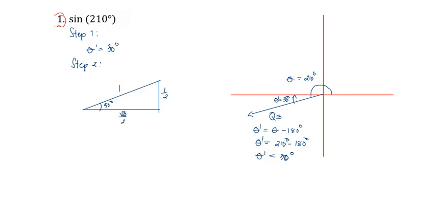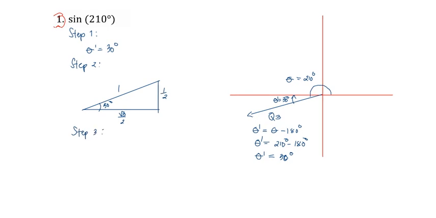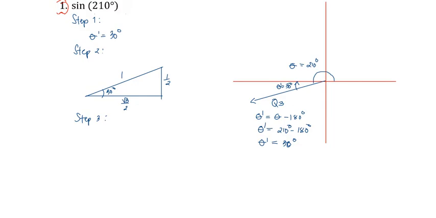And then, step 3 is to find the trigonometric value in terms of our reference angle. So theta is equal to 30 degrees, meaning we are going to find sine 30 degrees.